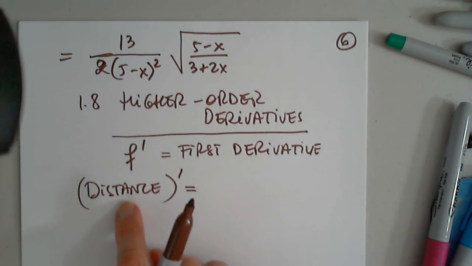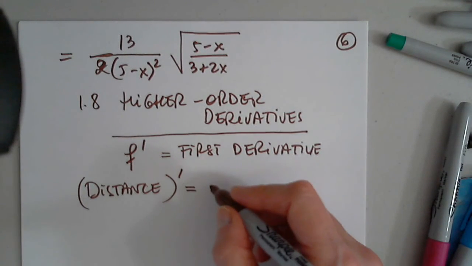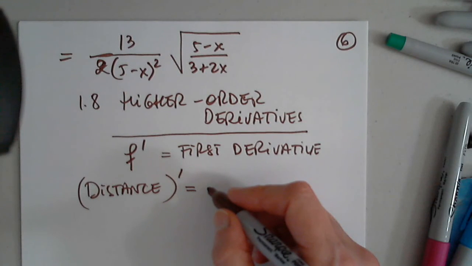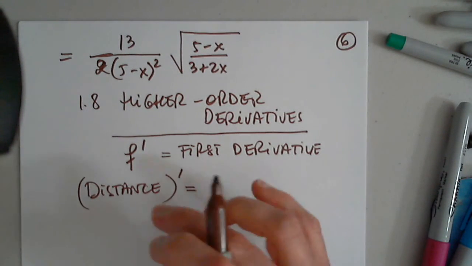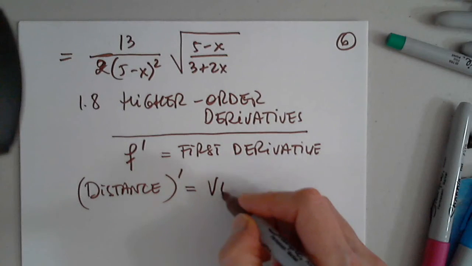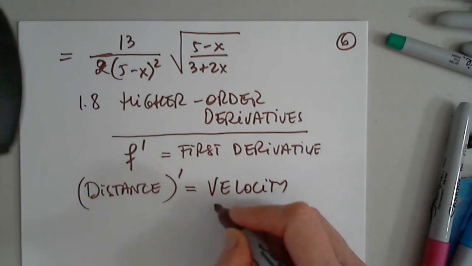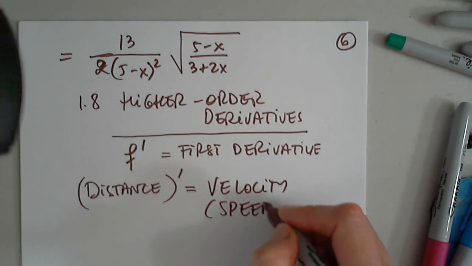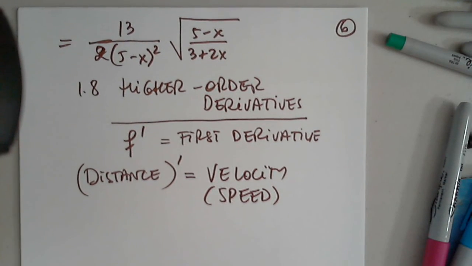What is the rate of change of distance with respect to time? What will that be? The average speed? Very good. Velocity or speed? Very good.